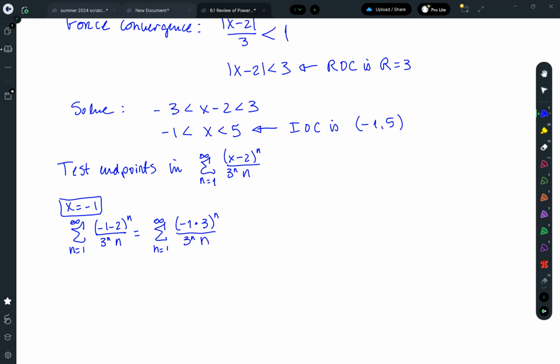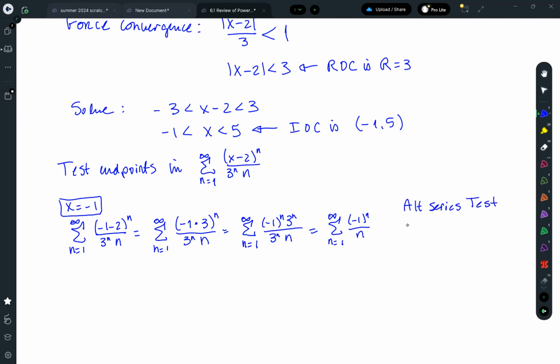And so now I can clearly see, we got to remember our properties of exponents. If I have a product in those parentheses, that nth power applies to both. So this becomes the sum, n goes from 1 to infinity of negative 1 to the n, 3 to the n, over 3 to the n times n. And finally, we get the sum, n goes from 1 to infinity of negative 1 to the n over n, because the 3 to the n's divide out. This is an alternating series. So I'm going to use the alternating series test.